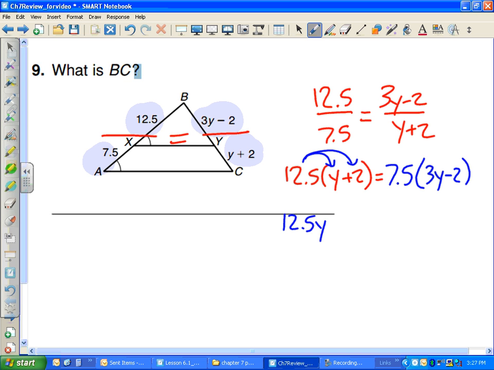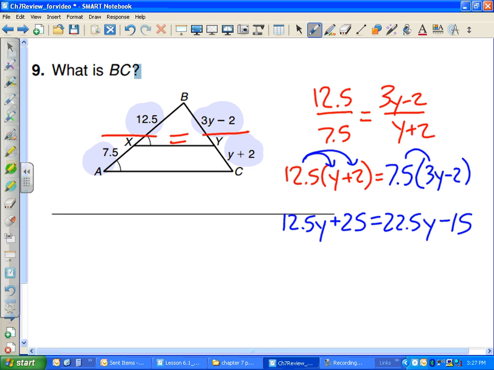What's 12.5 times 2? That's 25 equals 7.5 times 3. What's that? 22.5y. And then minus, well, 7.5 times 2, that's going to be 15.